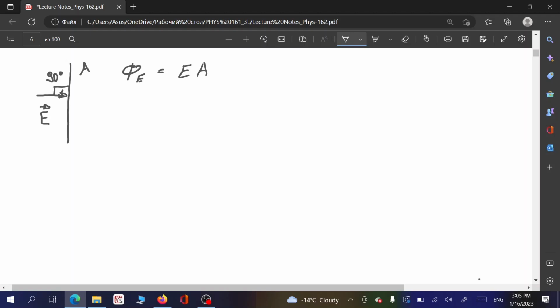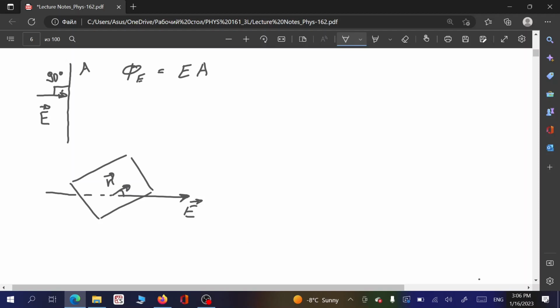Obviously, this surface can be oriented in an arbitrary way with respect to the electric field vector. And in this case, it's better to draw some surface, here is our electric field vector, and here is the normal to the surface.